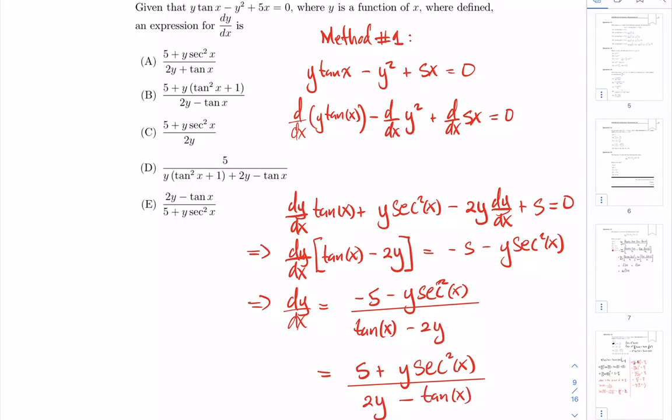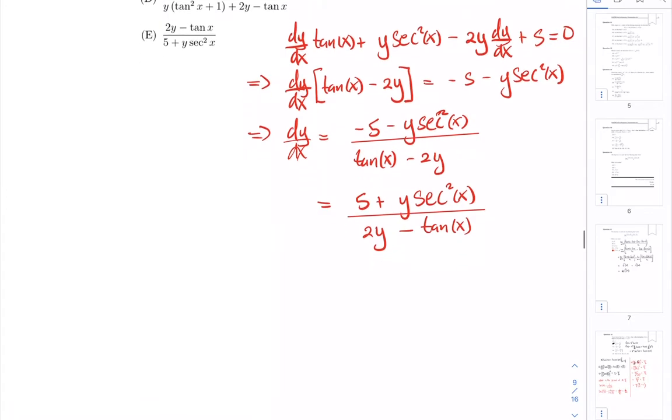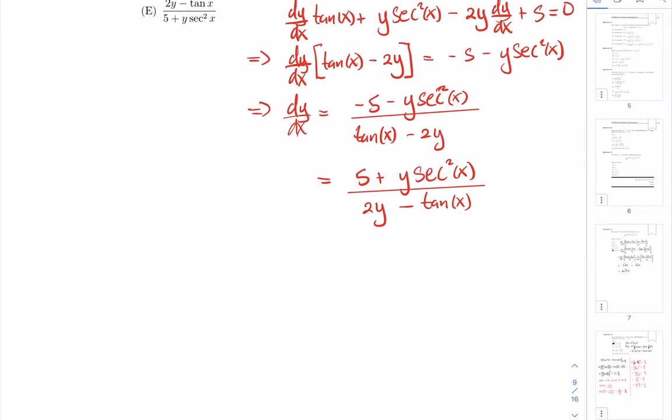All right. So when we look at our answer choices, we realize that none of these answer choices reflect our answer. So let's perform one more test, which is method 2, to see if we made an error or we are correct.